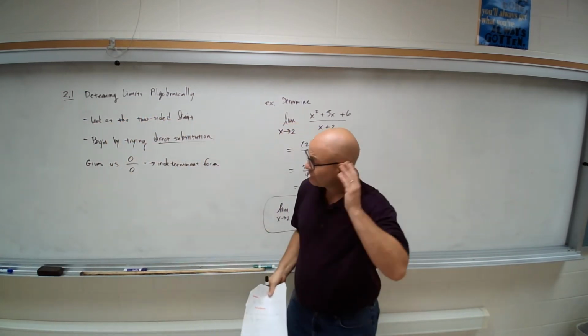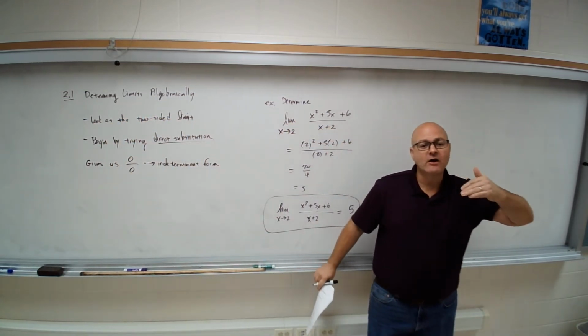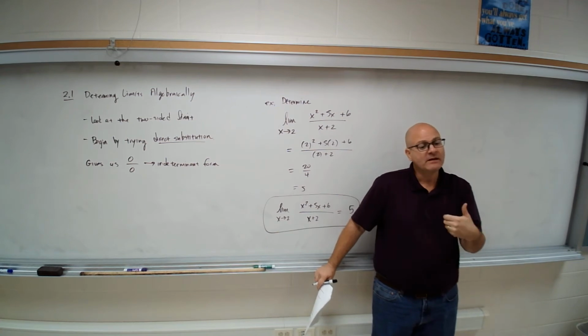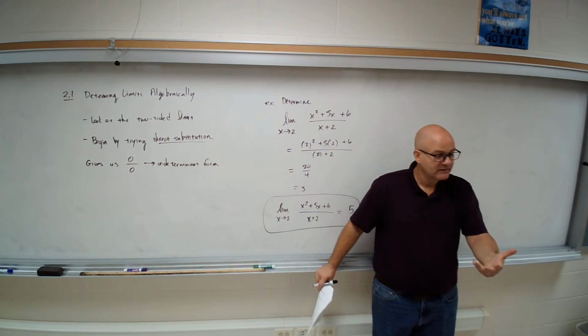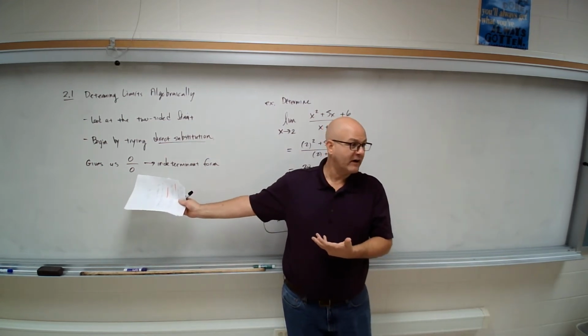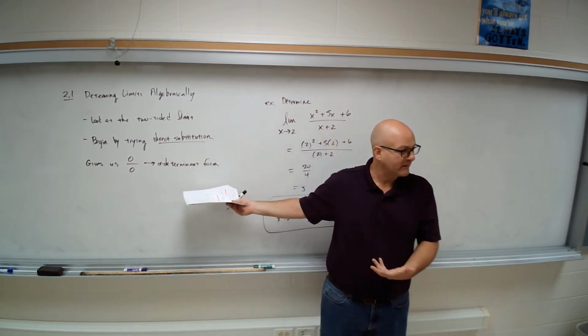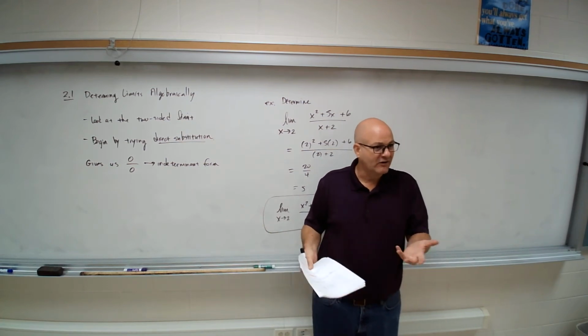We know that if I take 0 and divide it by anything, I get 0, correct? But if I take anything and divide it by 0, I get undefined. So is this 0 or is it undefined? Well, we don't know. It's indeterminate.